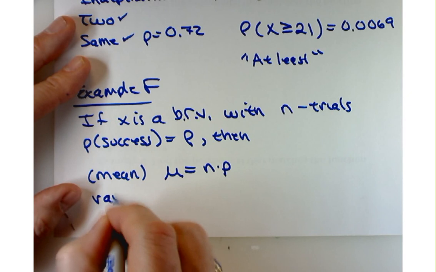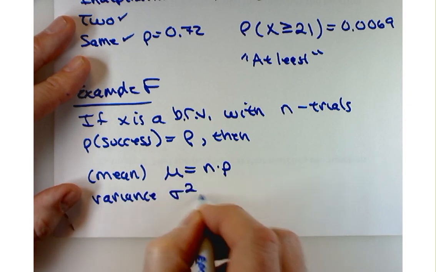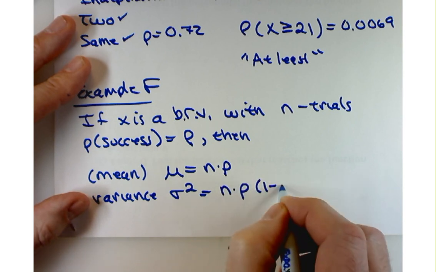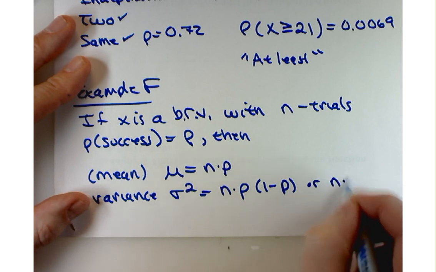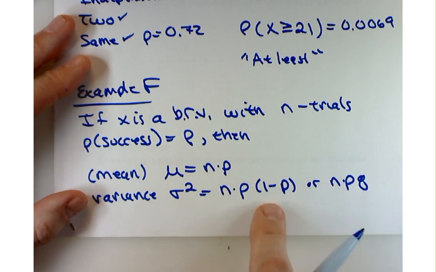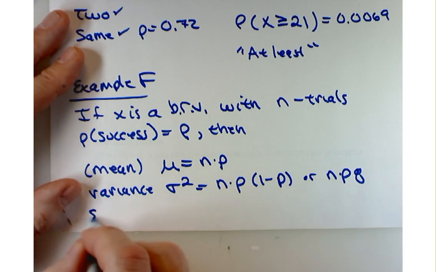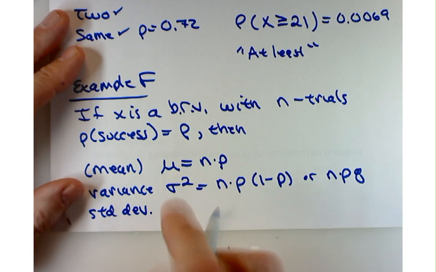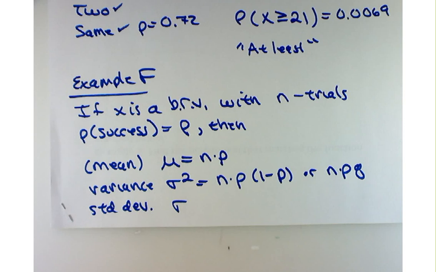The variance, sigma squared, is n times p times 1 minus p, or n times p times q, as long as q means 1 minus p. The standard deviation, that's just sigma, not sigma squared.